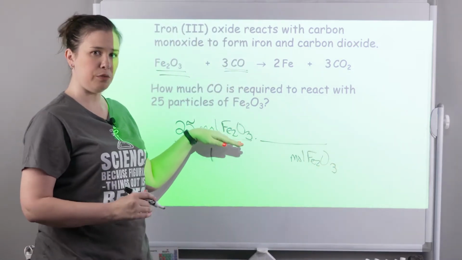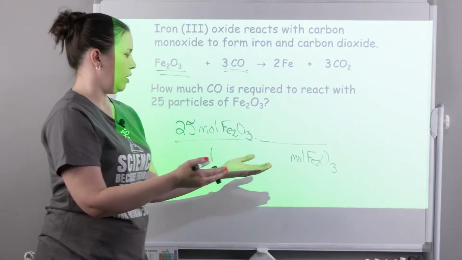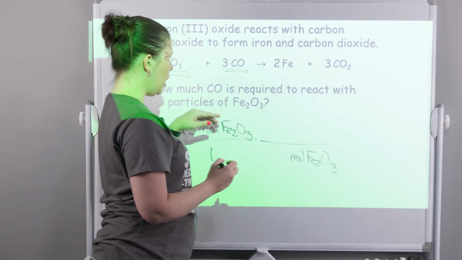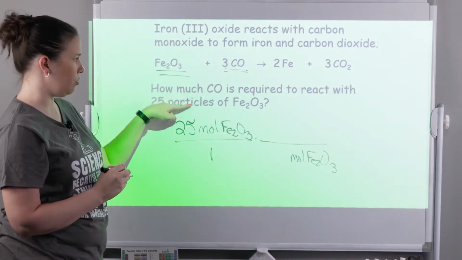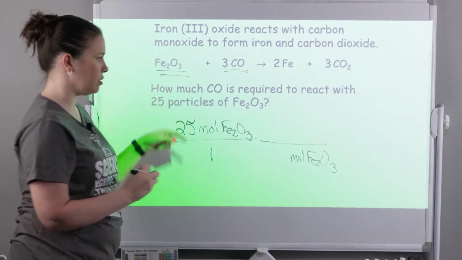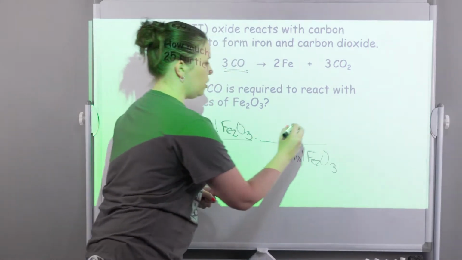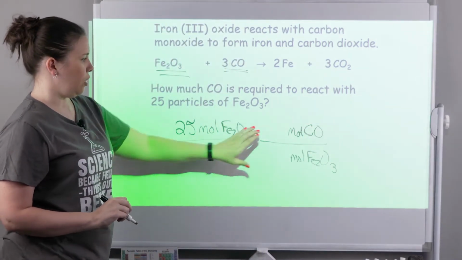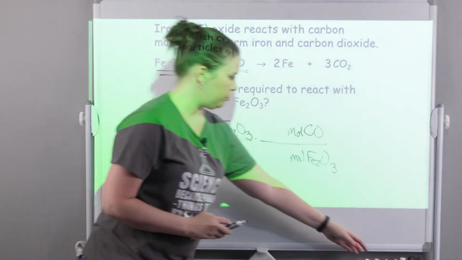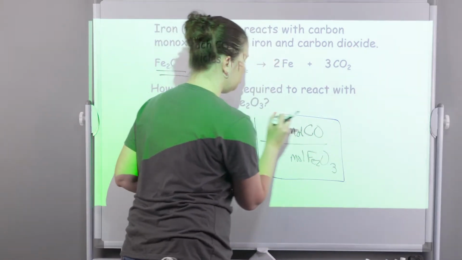This should seem a little familiar. Whatever we start with, those units go directly on the bottom. And then what do I want to go to? I'm being asked about how much CO. When you're just generally comparing amounts of one thing to amounts of another thing, we're talking moles here. But this is going to be moles of carbon monoxide. Okay, so now where do the numbers come from whenever you have mole versus mole?